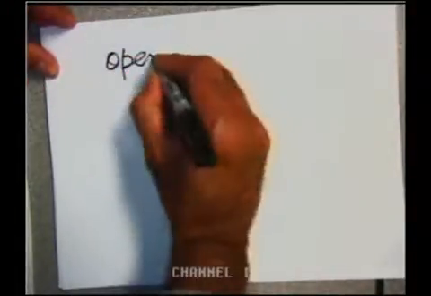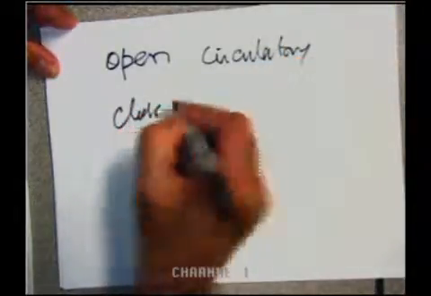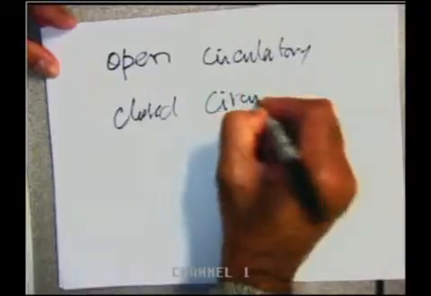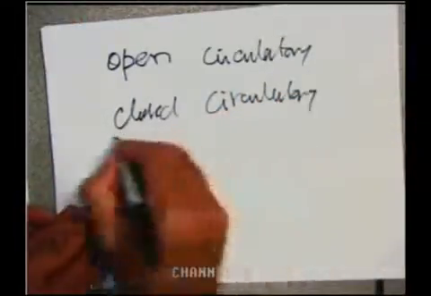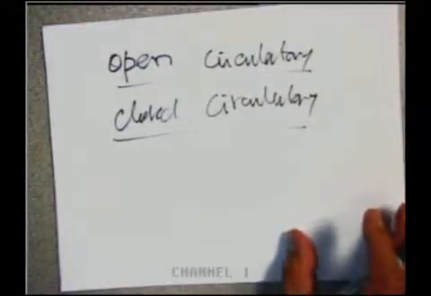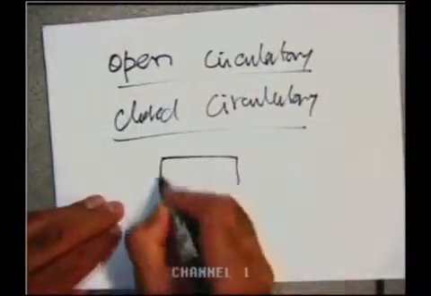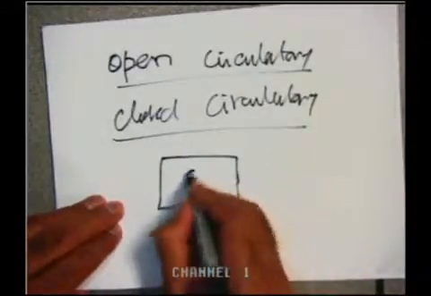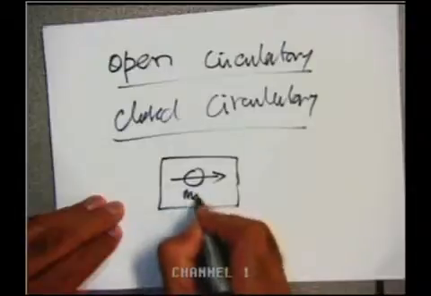Open circulatory system, and then the closed one, closed circulatory system. So what is the open circulatory system and the closed circulatory system? As I mentioned before, this is an aquarium pump, and this is a mixture.